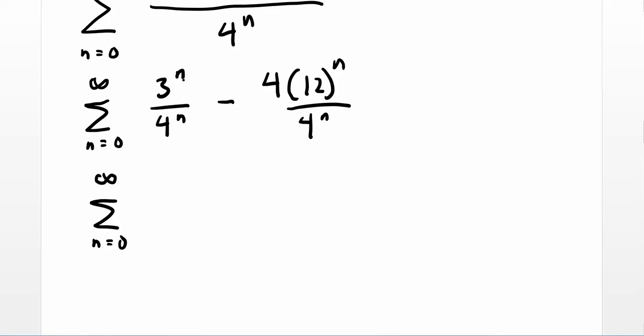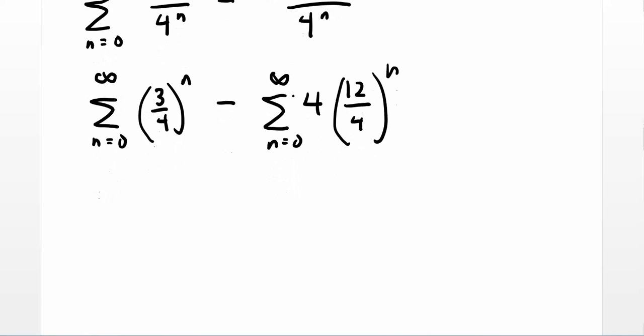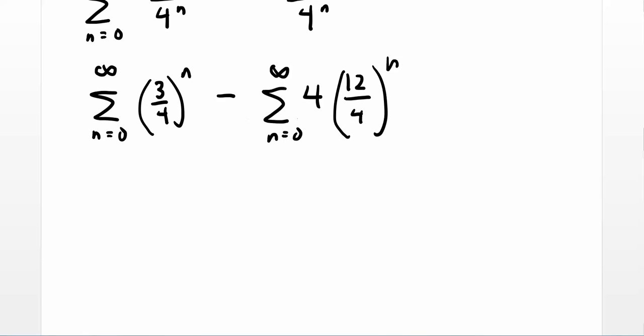This is 3 over 4 all to the n. I'm going to subtract the series of this expression, 4, and then now this becomes 12 over 4 to the n.